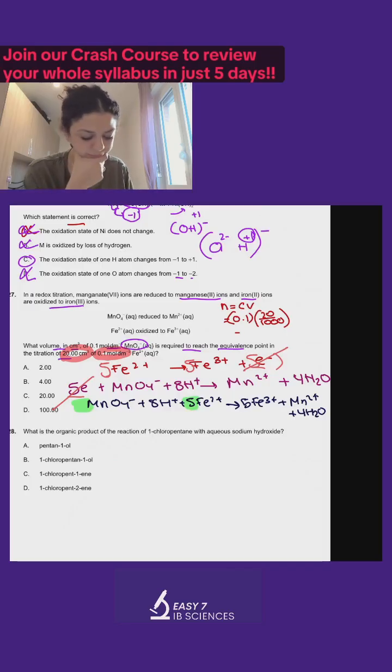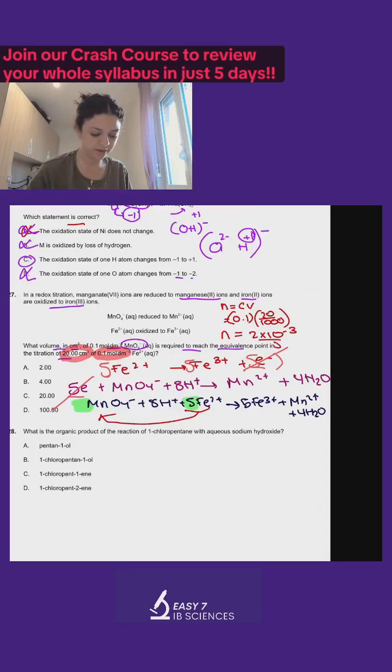That's going to give me the number of moles to be 2 times 10 to the negative 3. And because I have a 5 to 1 ratio, I have to divide these moles by 5 to find how many moles of manganate there are, which will give me 4 times 10 to the negative 4.